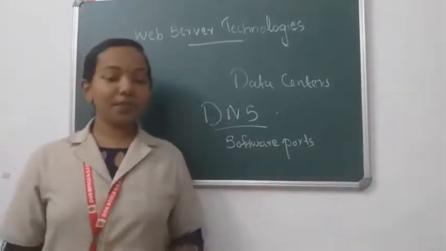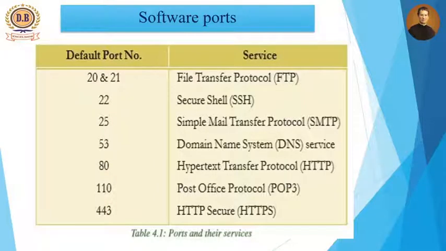Let us discuss the different port numbers along with their protocols. Let us have a look at the picture that contains different port numbers along with their protocols and services. What is the first one? 20 and 21 are for the FTP protocol, file transfer protocol. Second one is 22, secure shell, SSH. Then 25.